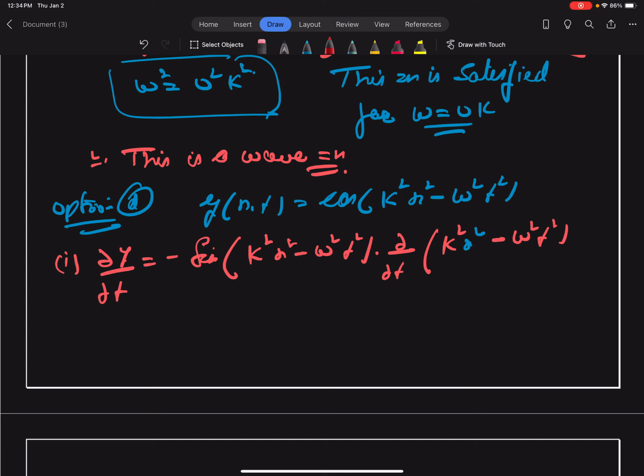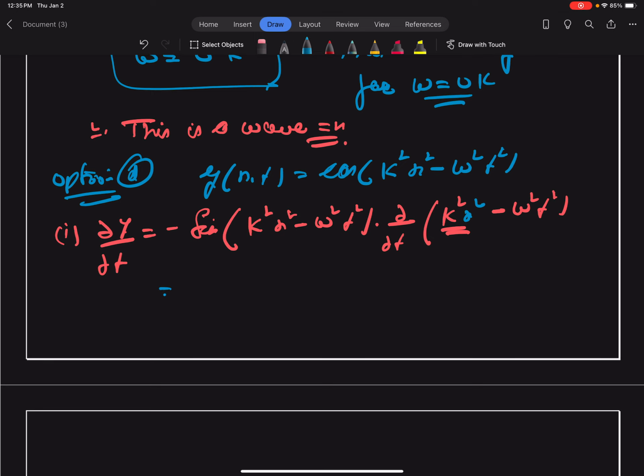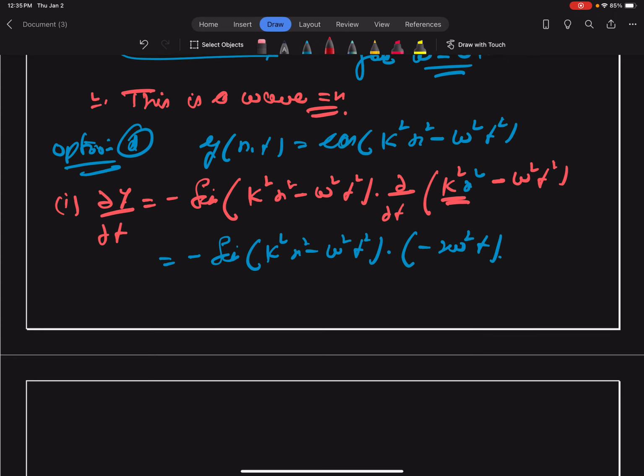Now k square x square is independent of t, therefore we can simplify it, and this can be written as equal to minus sine of k square x square minus omega square t square, and this will be coming as minus 2 omega square t, which can be further written as 2 omega square t, and we are left with sine of k square x square minus omega square t square.